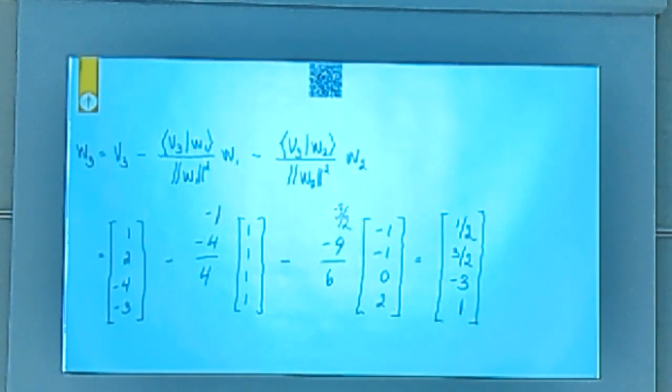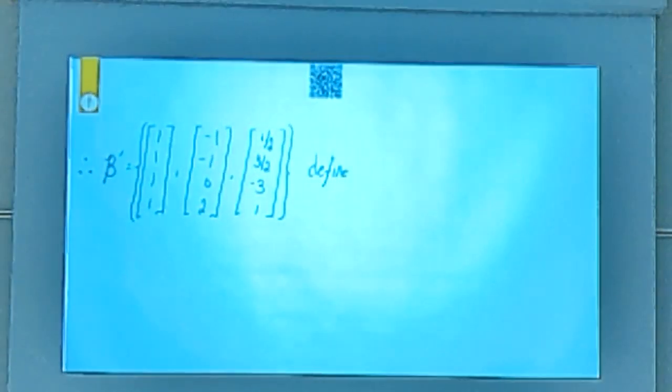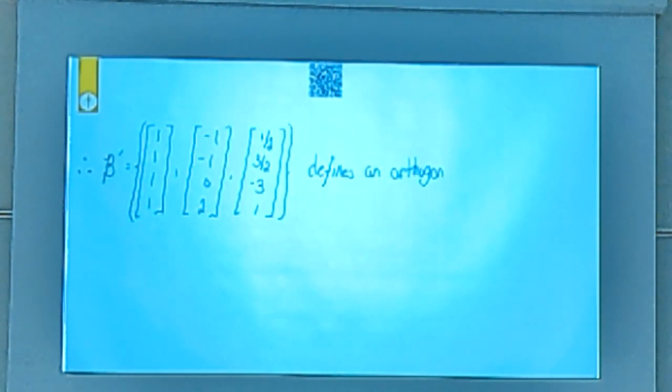There's W3. That is an orthogonal basis for you.